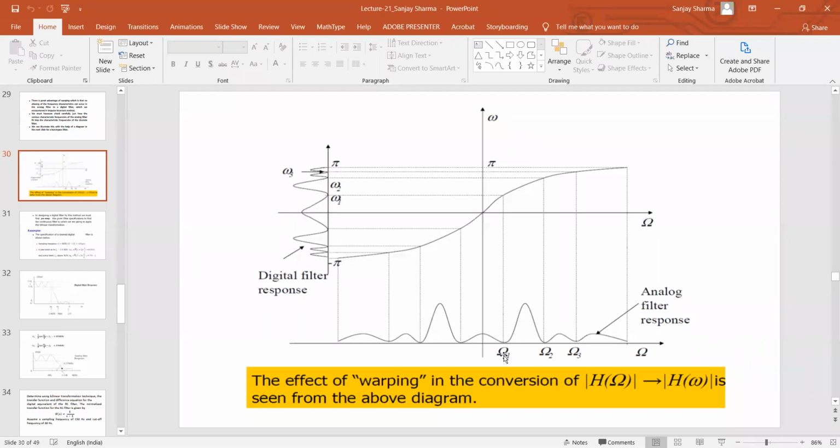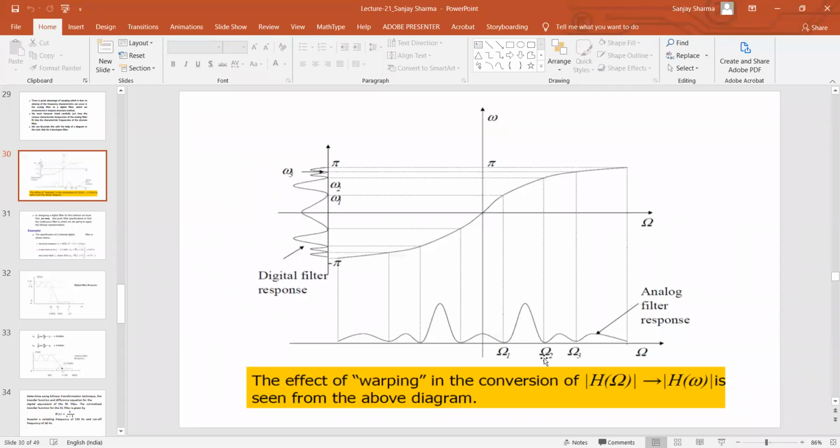Correspondingly, if I get the points in the digital domain, the capital omega 1 point, I get the intersection here, and this is my digital frequency point. So this small omega 1 is the digital frequency point, and this capital omega 1 is the analog frequency point.